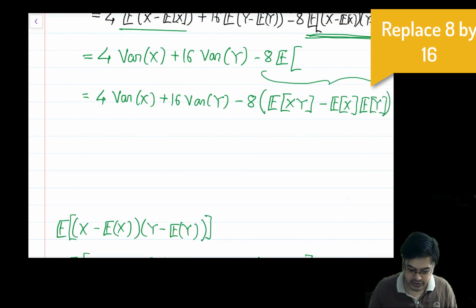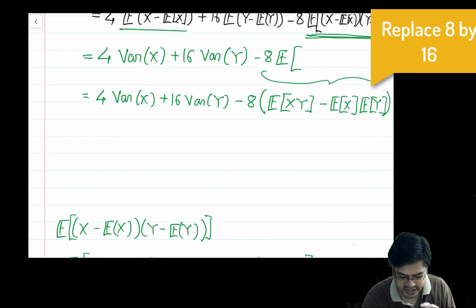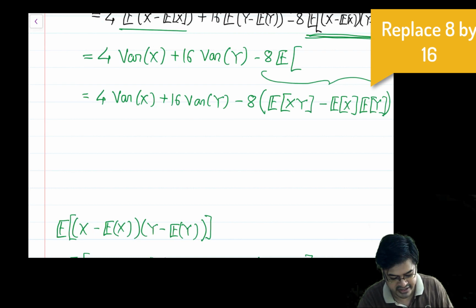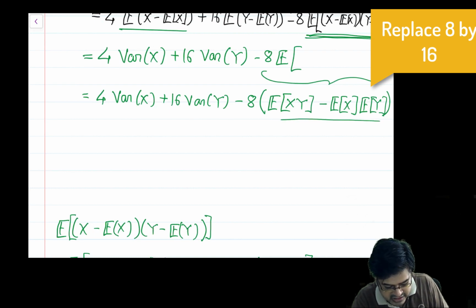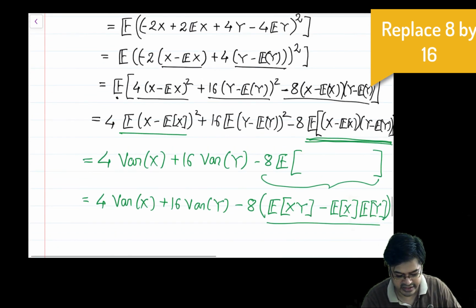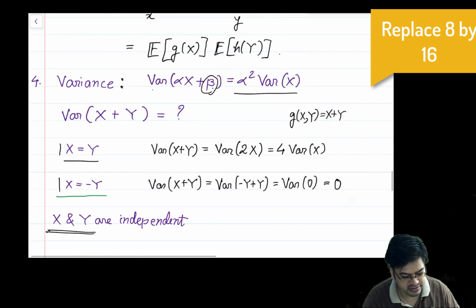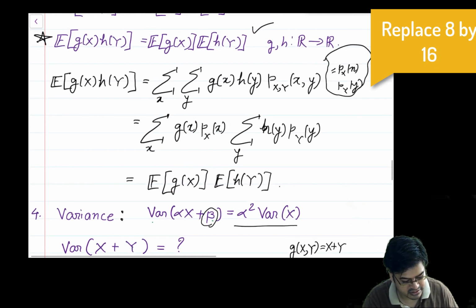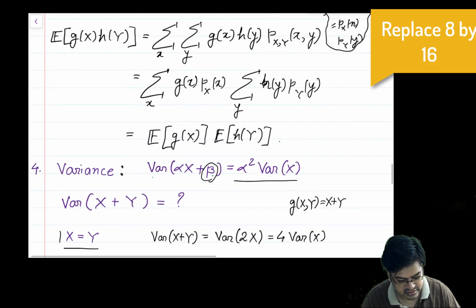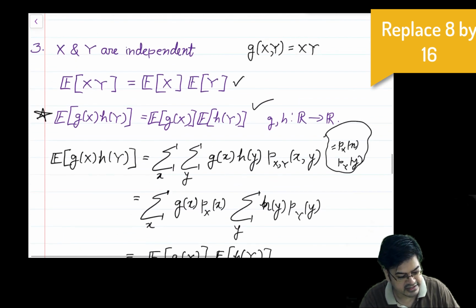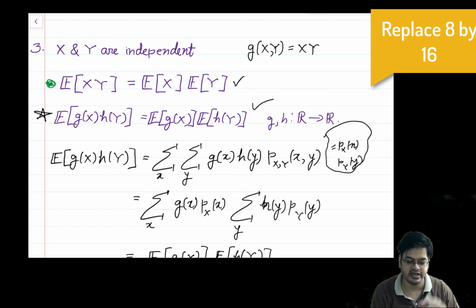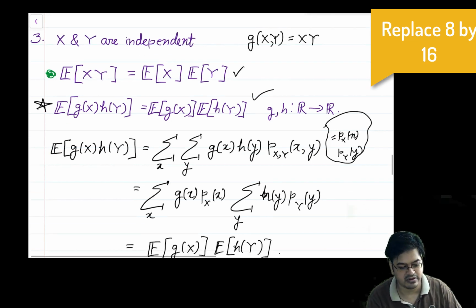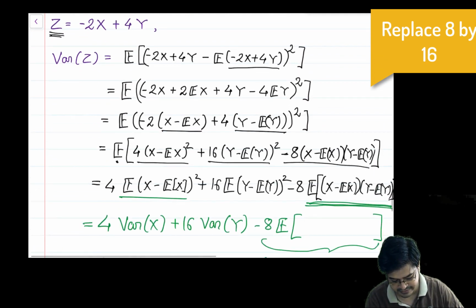Good. Now if you look at this particular expression, if x and y are independent, then we have proved some result. If x and y are independent, expected value of xy is equal to expected value of x into expected value of y.